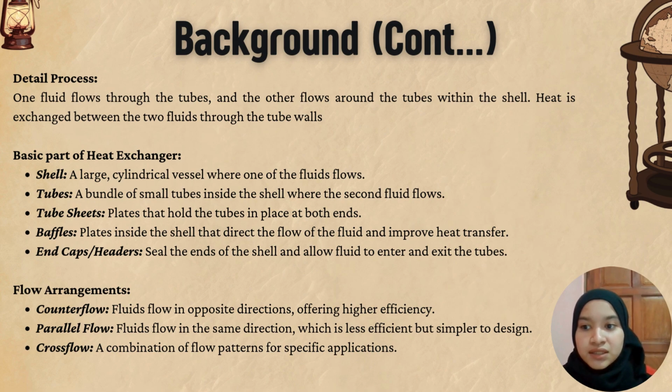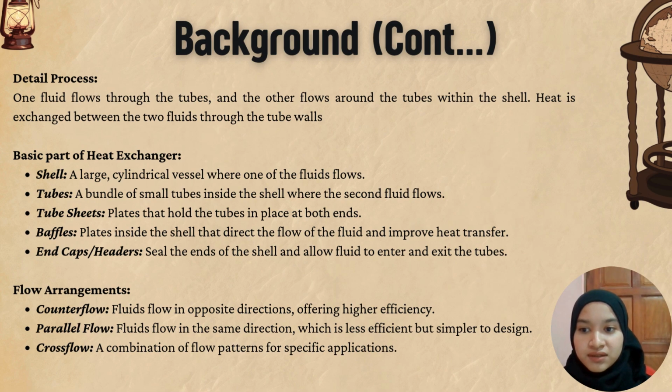Next, the basic parts of the heat exchanger. There are five basic parts in the heat exchanger: shell, tube, tube sheet, baffles, end caps and headers. The shell is the large cylinder vessel where one of the fluids flows. Next, the tube is a bundle of small tubes inside the shell where the second fluid flows.